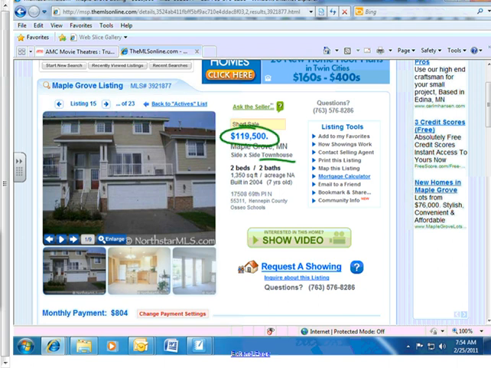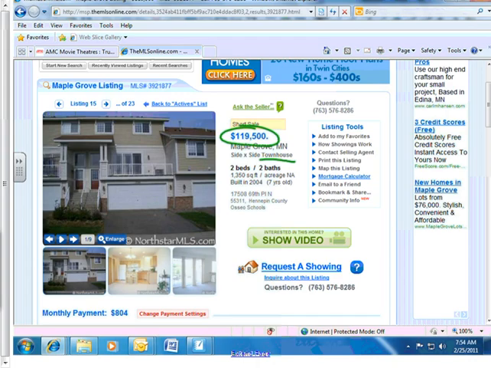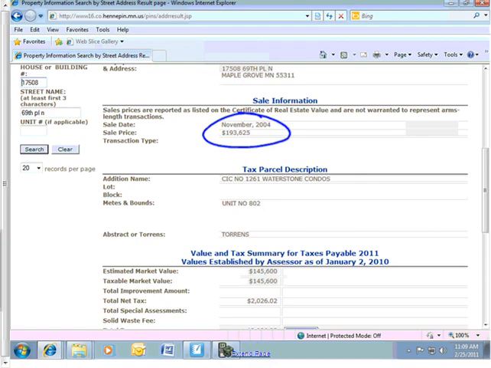But the thing I thought was really cool about this was not the $119,500. It's the next slide. The sale price in 2004 had been $193,000. The point? They're selling it right now, well, they were, for $119,000, and it used to be $193,000.